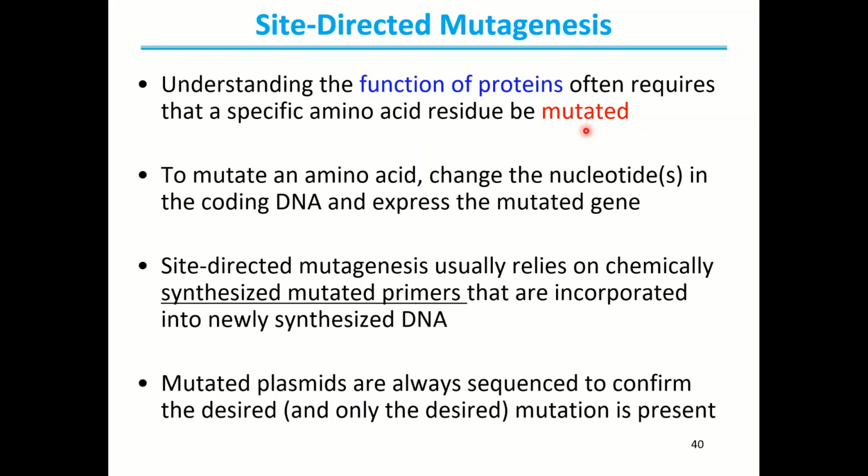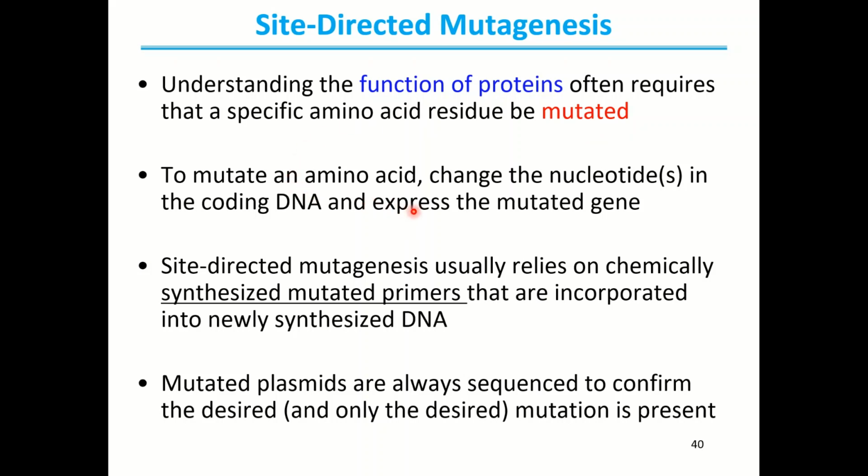Okay. And another reason is also to study mutations that occur in disease states. So if a particular amino acid gets mutated, that might cause a disease in humans, and so you might want to study how that protein is different biochemically than the wild type. Okay.